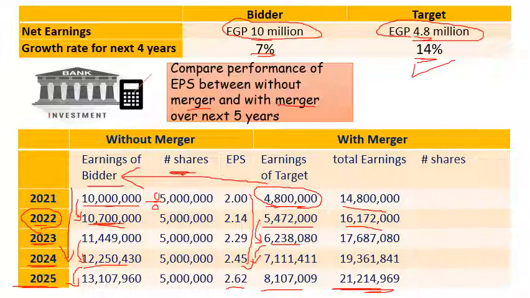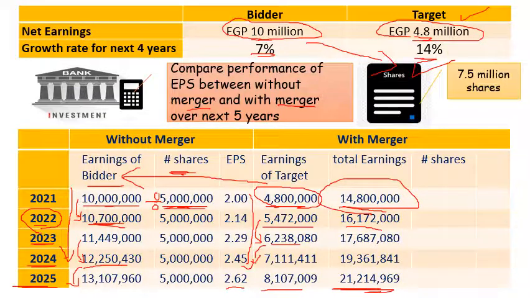and we will divide this amount by the number of shares. But the number of shares will not be the same at 5 million shares, because to conduct the merger transaction, the bidder issues new shares to exchange for the outstanding shares of the target.